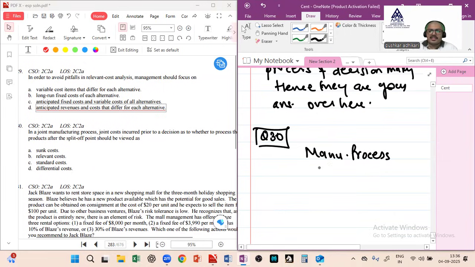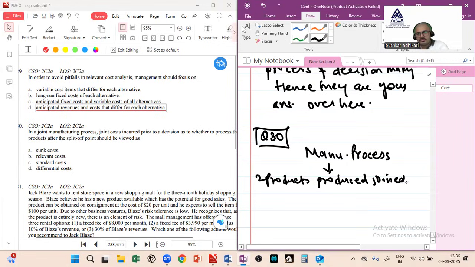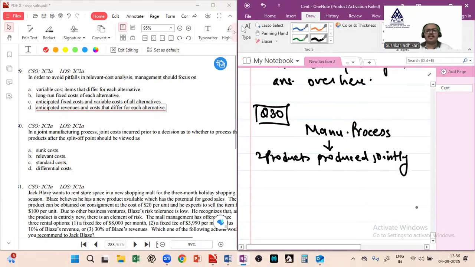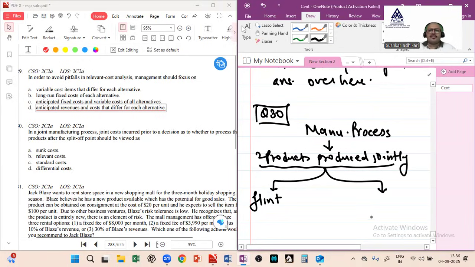In this manufacturing process, there are two products that are produced jointly. What are these two products that are produced jointly? Say, for example, there is a product called Flint, and say, for example, there is a product called Chuckles.